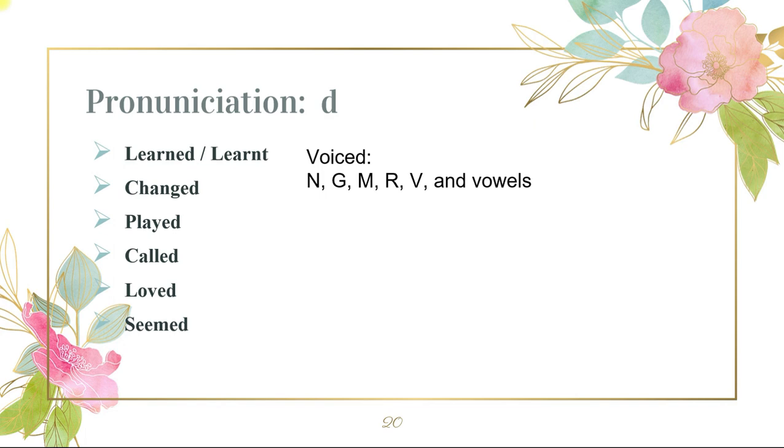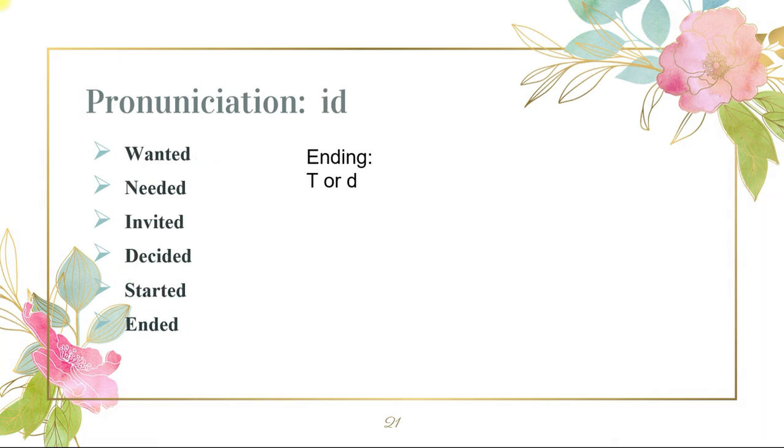And remember, the word learned can be in two forms: learned is also right and learnt is also right. So these words end with the pronunciation of d, not t: changed, played, called, loved, with v, not f, and seemed.